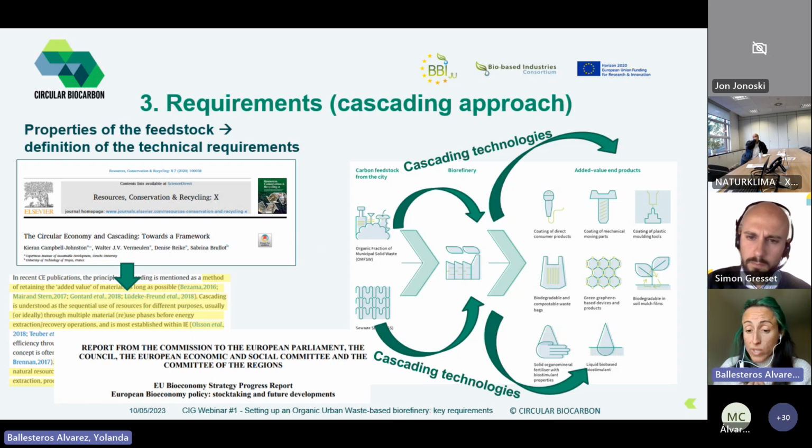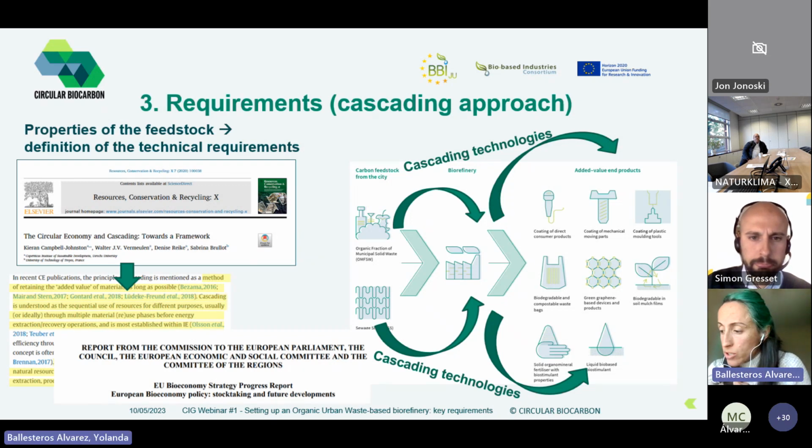And if the technologies which are already in place in the current facility are suitable for treating that feedstock or those chemicals, or alternatively, we need to tune such technologies or implement new ones.